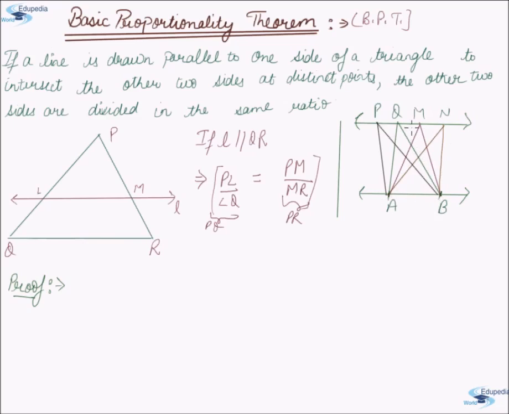Then the theorem says that triangles on the same base and between the same parallel lines have the same area. So here the area of triangle APB will be equal to the area of triangle AQB and so on.